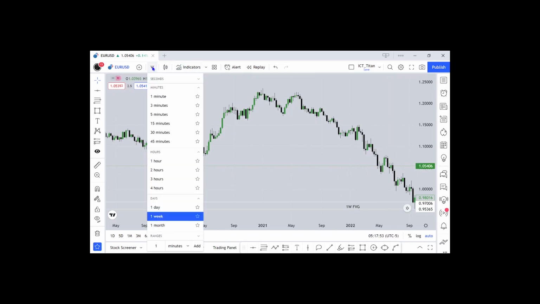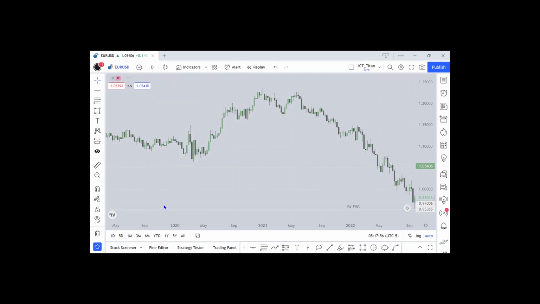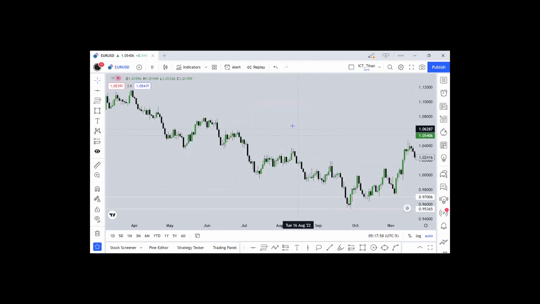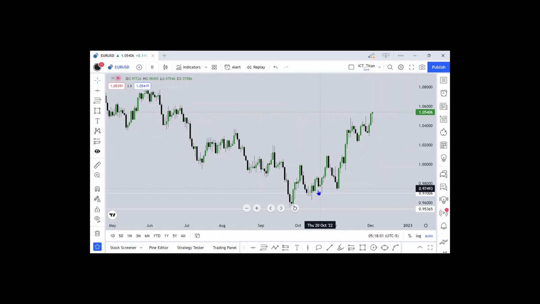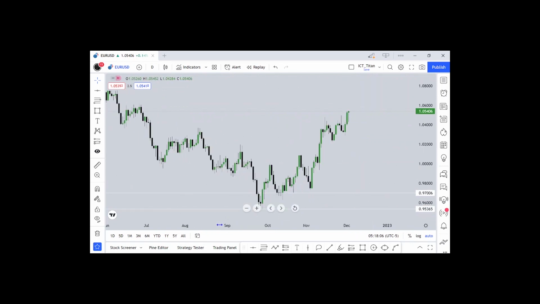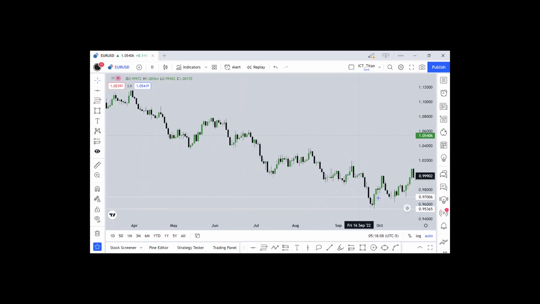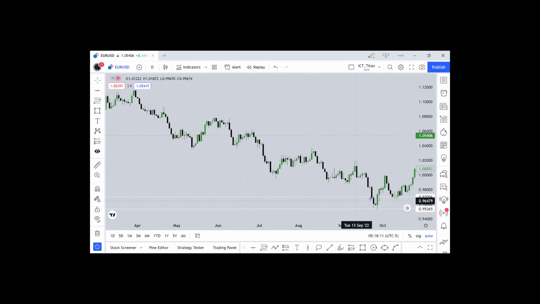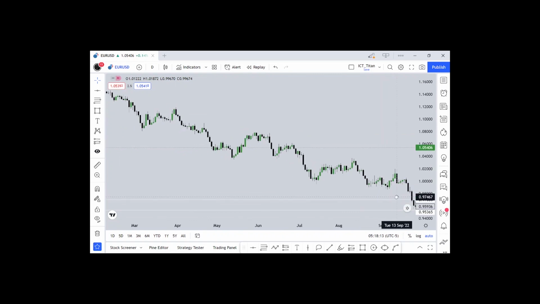So we will go to the daily. On the daily, what can we see, assuming that this is the only data that we can see? We have already made a decision that we are going long. The market is going long because after reaching this weekly FVG, we expect the market to go long.